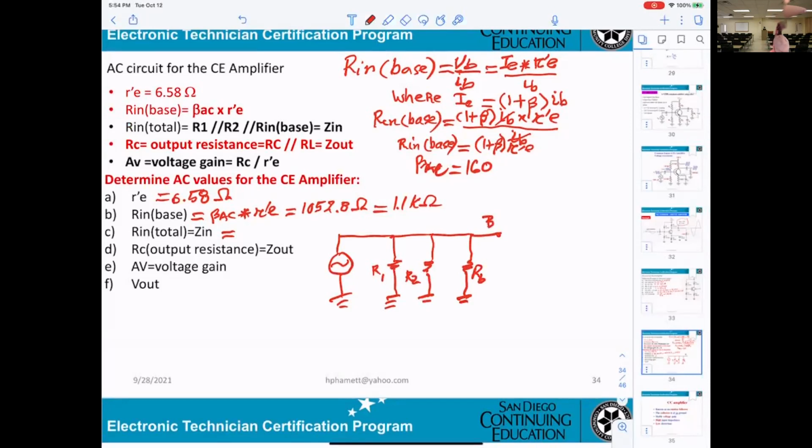So if you're looking from the generator into the amplifier, that's what they call in total.